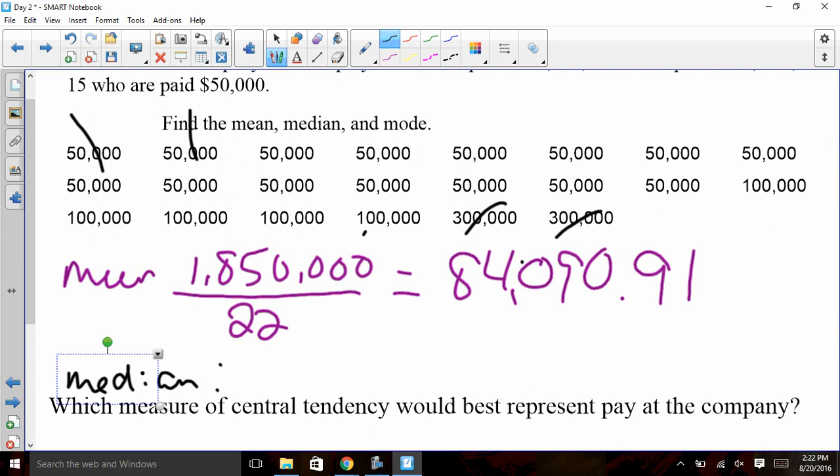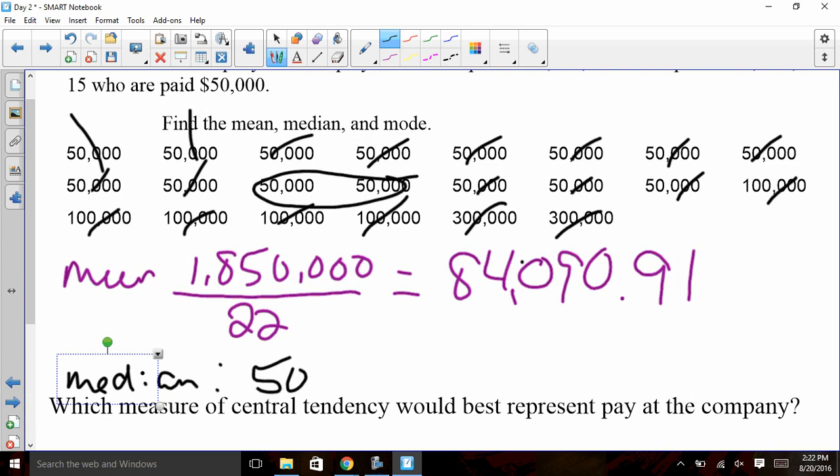Next one. Next one. Next one. Well, all right. Look, same thing happened last time. We have 2 of the same numbers in the middle, but again, it's the same number. So we're all good on that account.